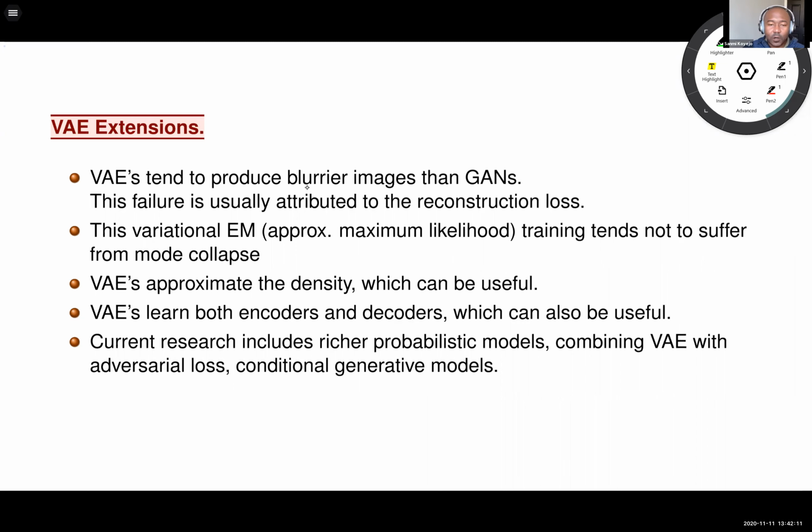As mentioned, the whole process is a variational EM implementation. This ends up being a much better behaved loss function. So in terms of positives versus something like a GAN, VAEs tend not to suffer from mode collapse. The KL divergence that you're minimizing tends to behave very badly if the distributions don't cover each other.